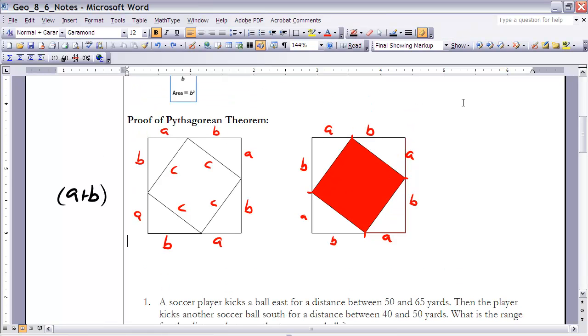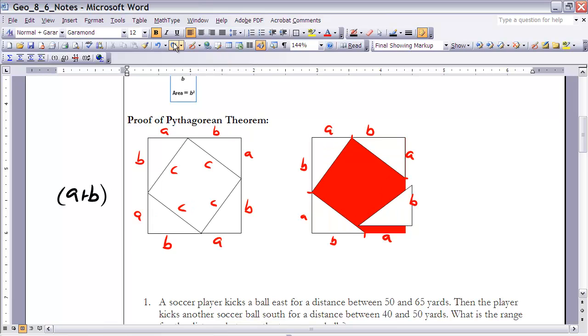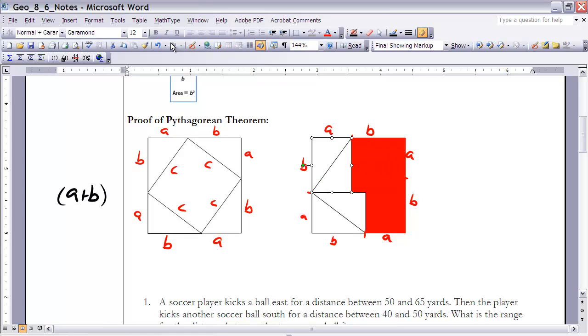So I'm going to move these triangles around, and remember now the red area represents the area of C squared. Okay, so if I move these triangles around a little bit, and as I'm doing that, you can see that they're going to fit.